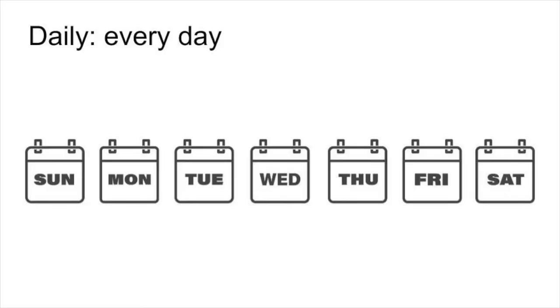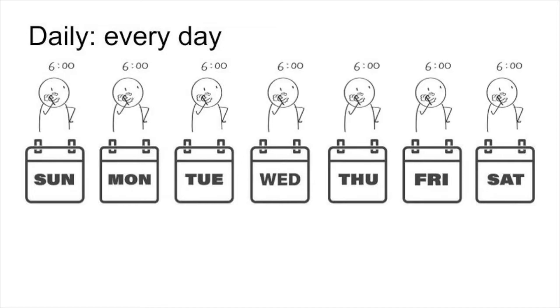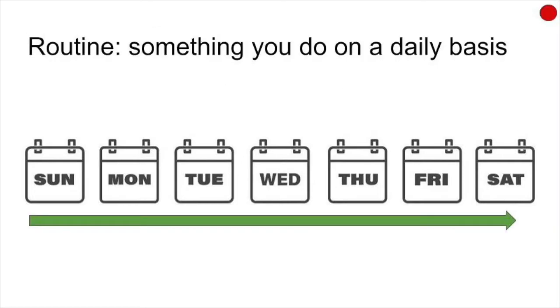What? Too difficult? Okay, I will give you an example. If you do the same thing every day around the same time, then it's called a routine. For example, when I always get up at 6 o'clock and then brush my teeth, that's my morning routine.